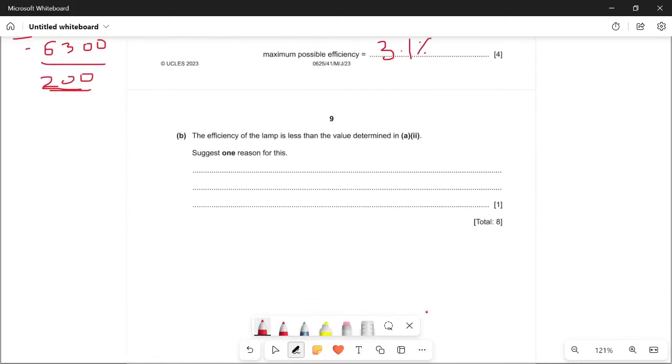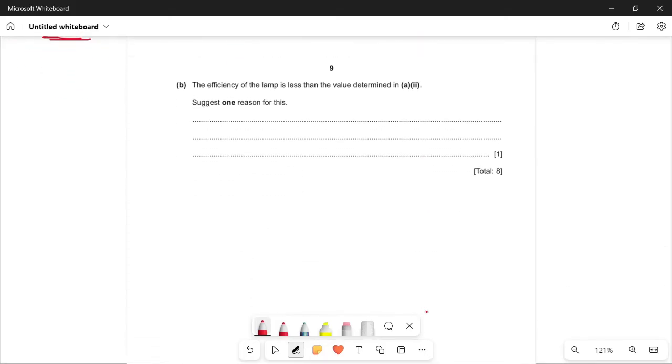The efficiency of the lamp is less than the value determined in the previous question, so it's less than 3.1. Suggest one reason for this. So one of the explanations could be that the thermal energy could be transferred from the water to the beaker and then to the bench the beaker is standing on.